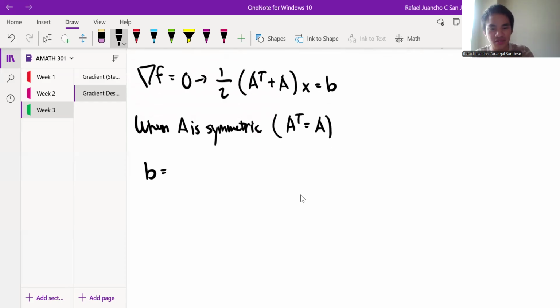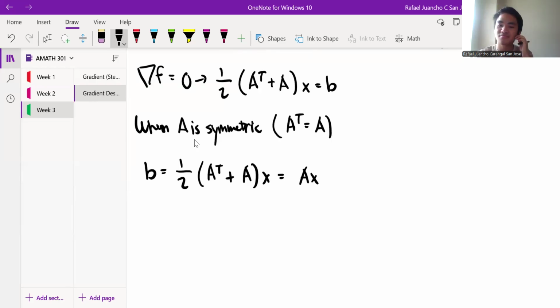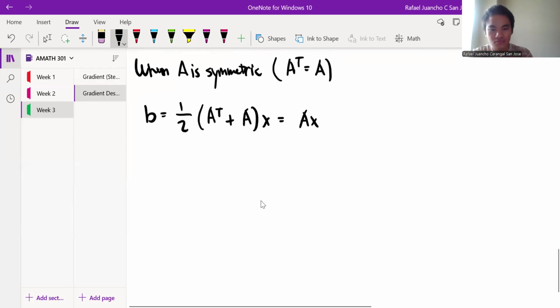So we would say b is 1/2 of A transpose plus A times x. Well, this is just equal to what? Ax, right? And so that solves the thing.